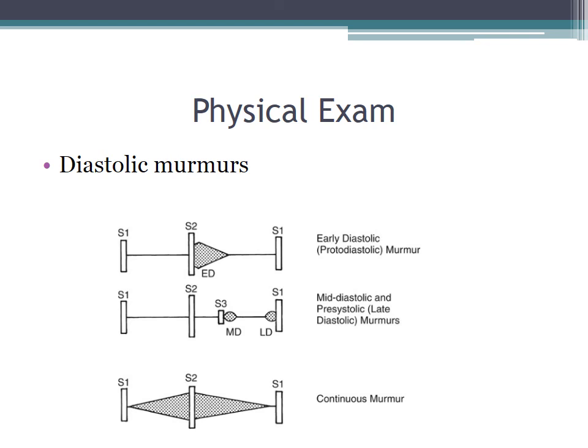So the last type of murmur that we're going to deal with here is continuous murmurs, and they begin in systole and continue without interruption through the S2 into all or part of diastole. They're caused by aortopulmonary or AV connections like PDA, an arteriovenous fistula.